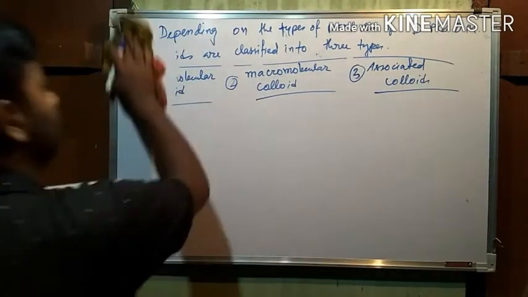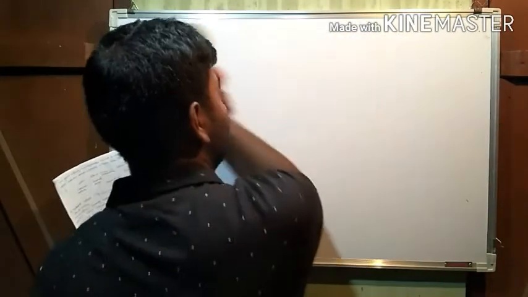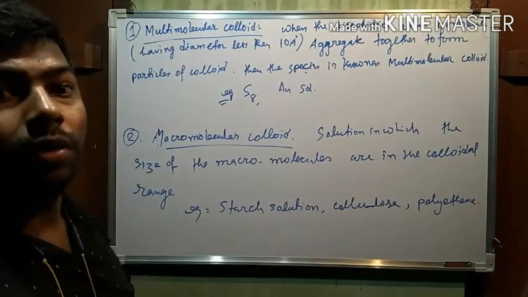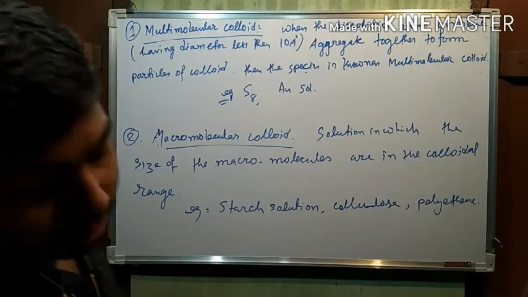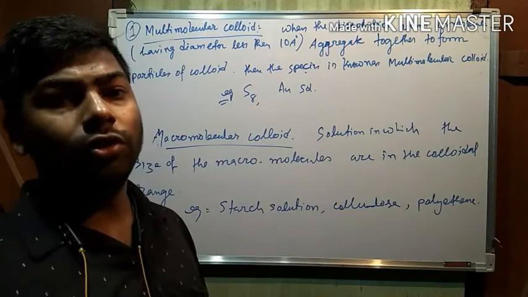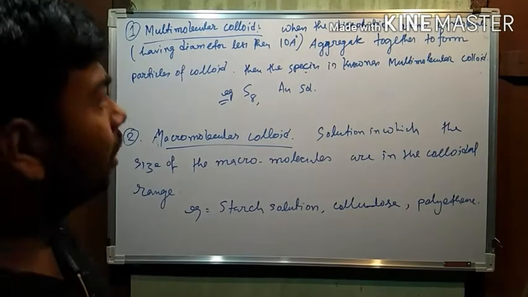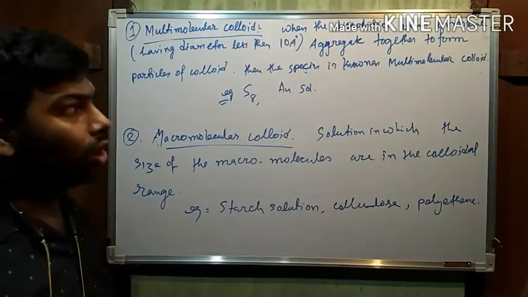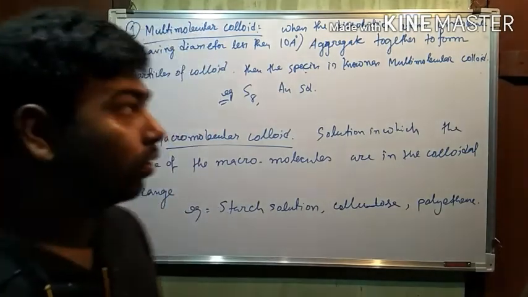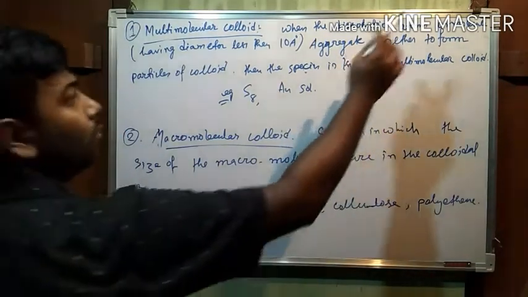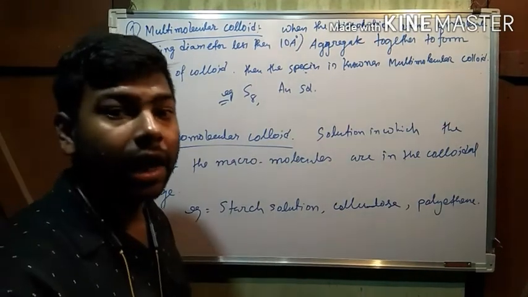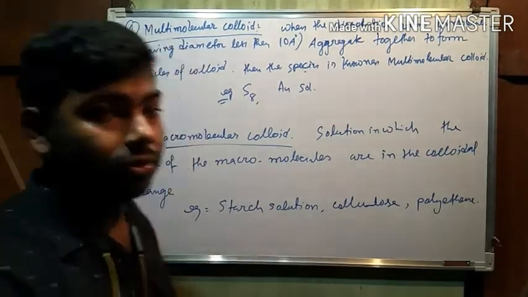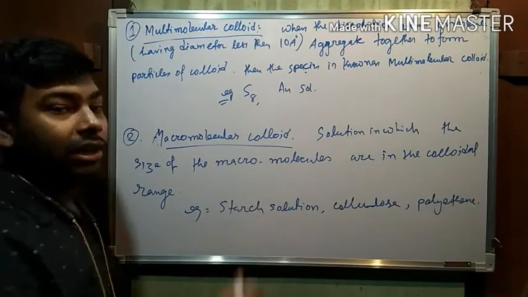First one is the multi-molecular colloid. Multi means many molecules. When atoms or molecules, with a diameter less than 10 angstrom, dissolve, aggregation takes place.